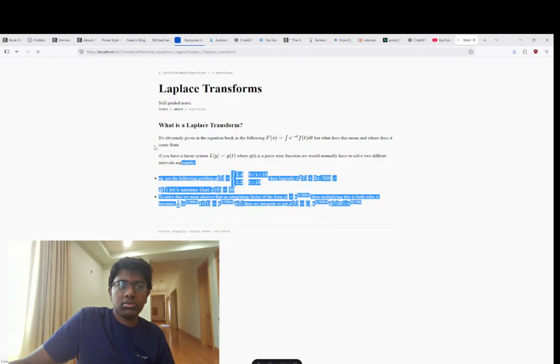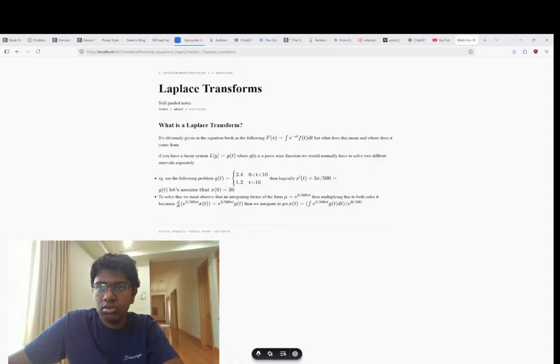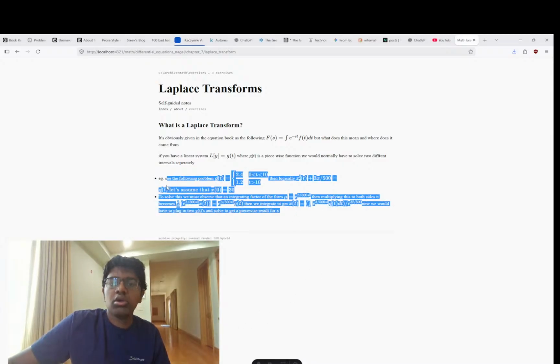Let's save and re-render. Okay, so we would get a piecewise result for x.